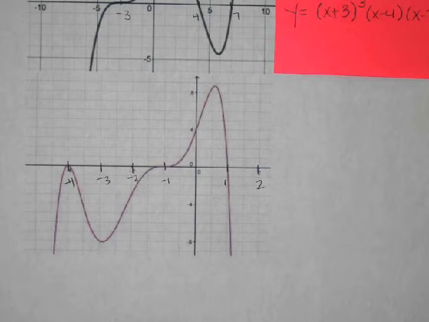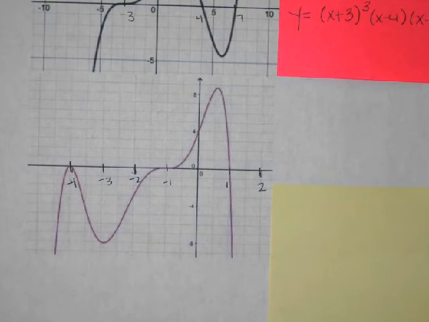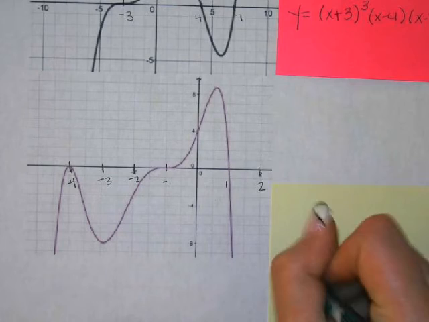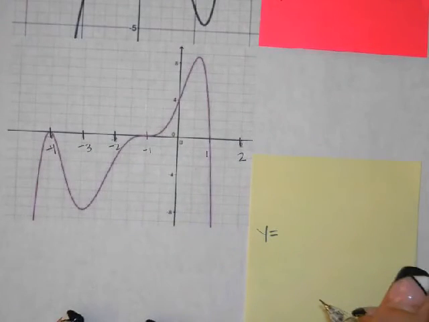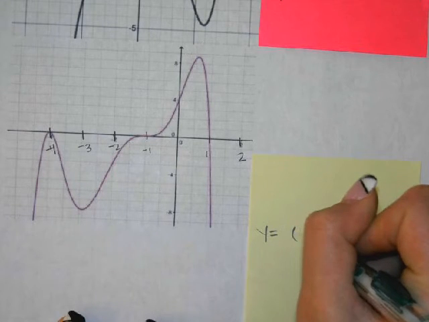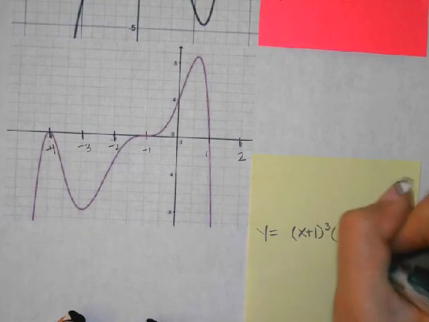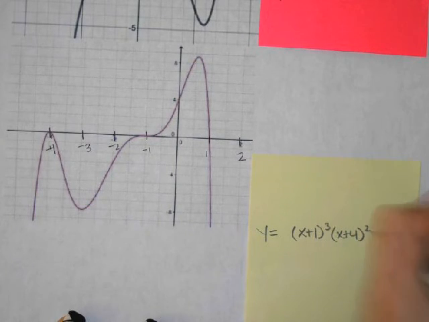Alright, we're awfully chatty. Does that mean we're done? Okay, so we got y equals x plus 1 to the third, okay. Does it matter which way I put it in? It doesn't.